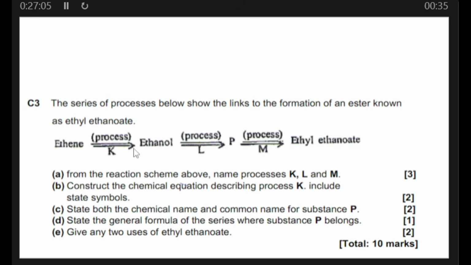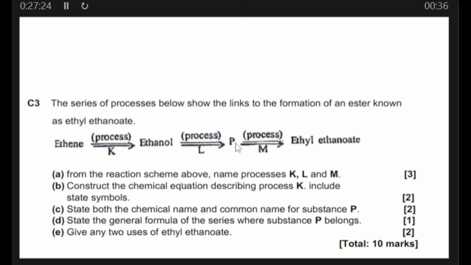So now they want this process, ethene to ethanol. So I said the hydration here. So ethanol to another substance which will lead us to ethyl ethanoate. So ethanol must go to an acid. So this process must be oxidation to form an acid.